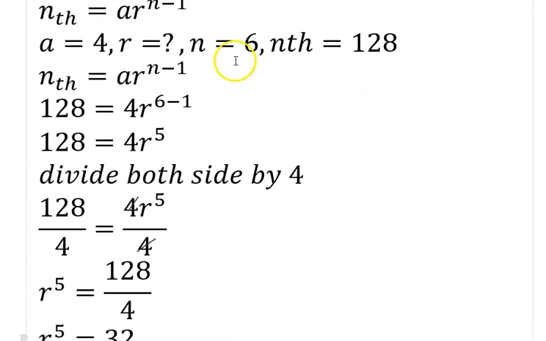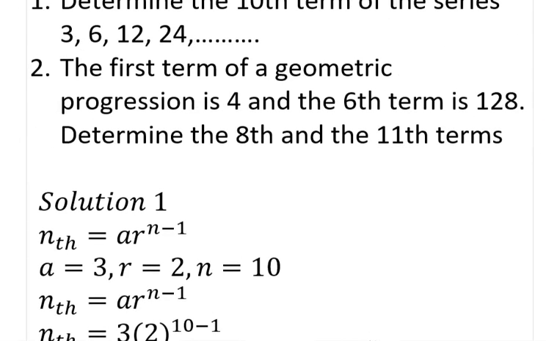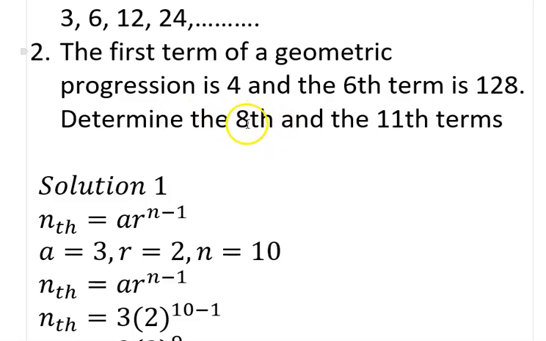And in the question, we've been given our first term to be 4. Awesome. So we can now answer the question. What is the question asking from us? To determine the 8th term and to determine the 11th term. So let's determine the 8th term first.